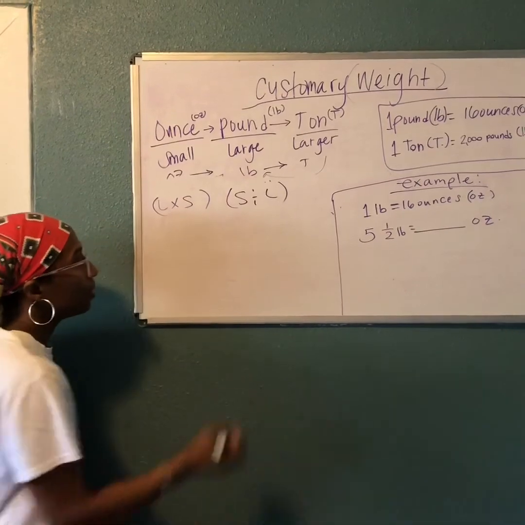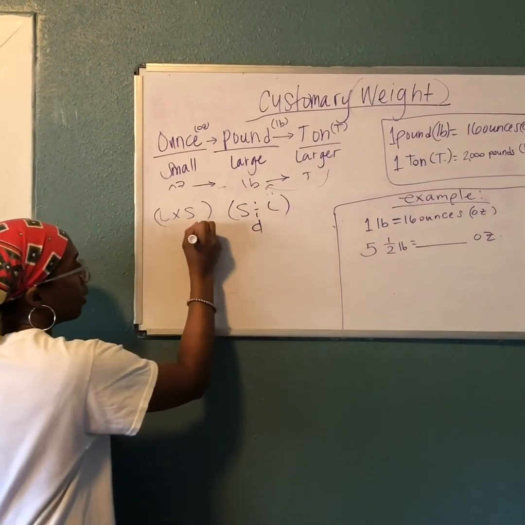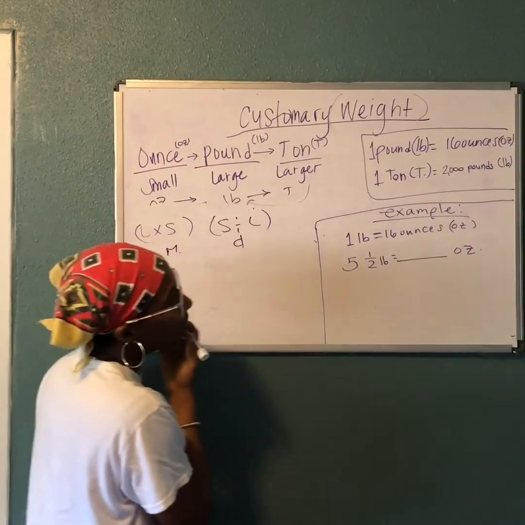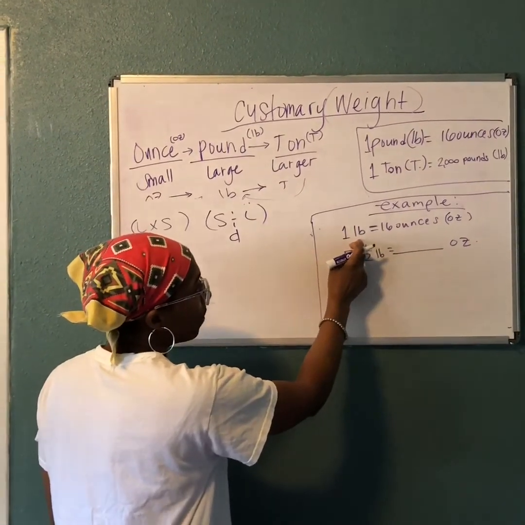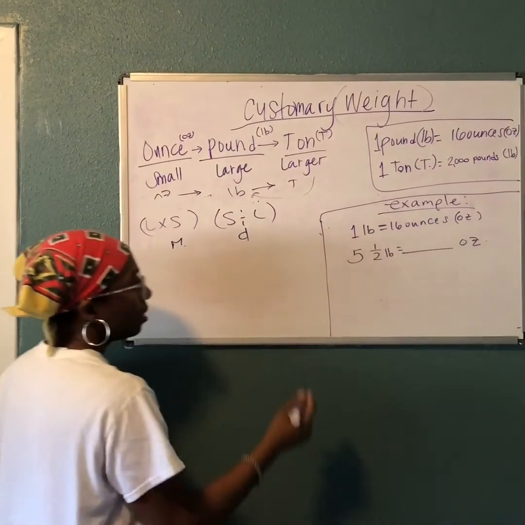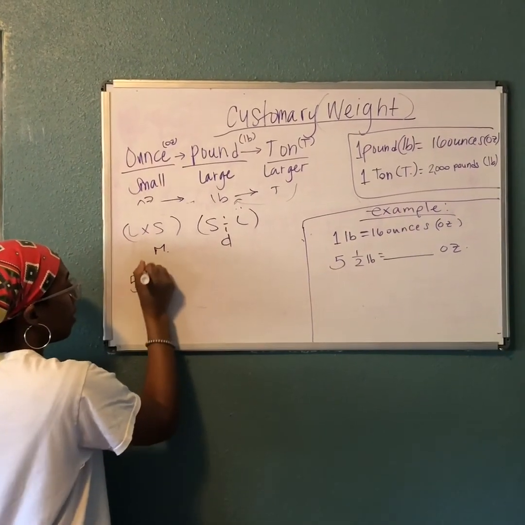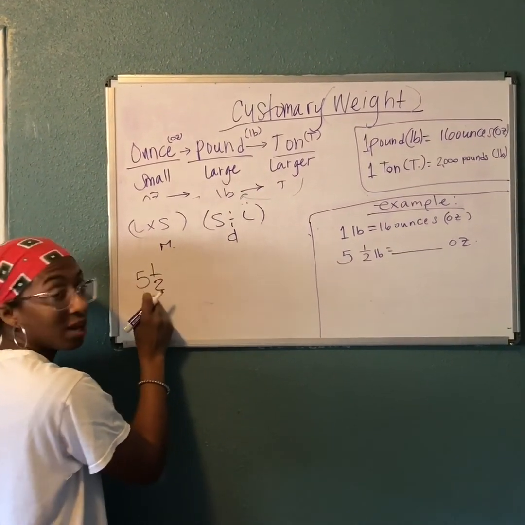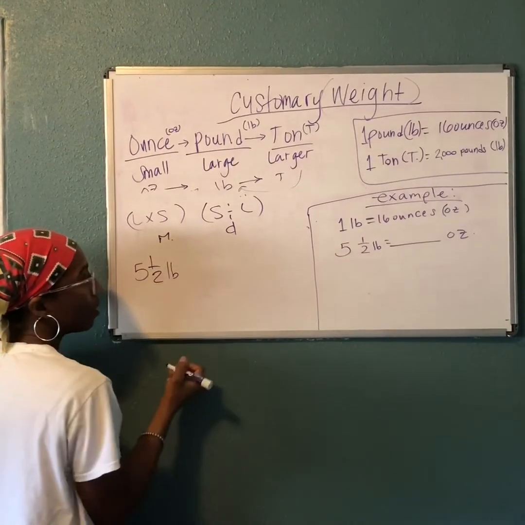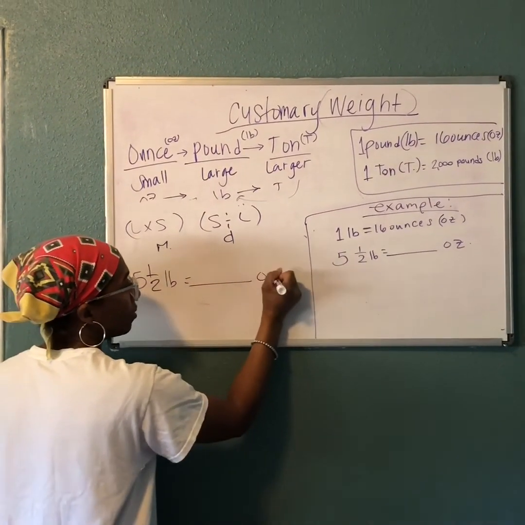So divide, multiply. We have 1 pound equals 16 ounces. So the problem is asking: 5 1/2 pounds equals how many ounces?